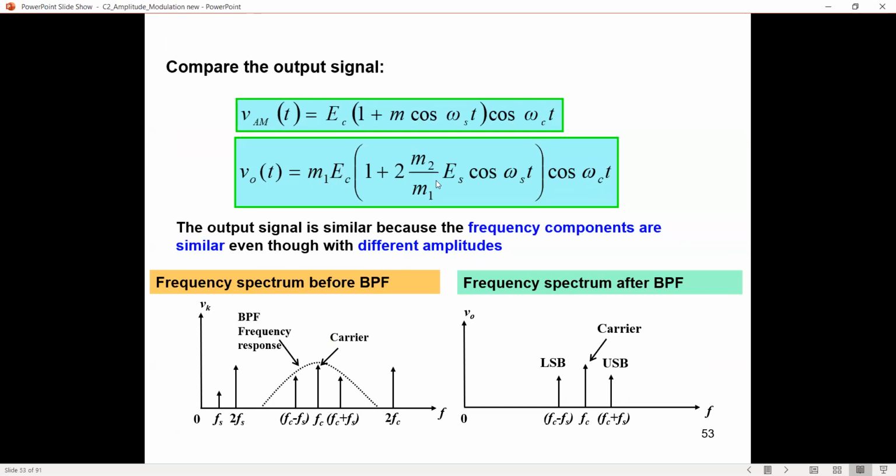M1, M2 are actually constants, not modulation index.